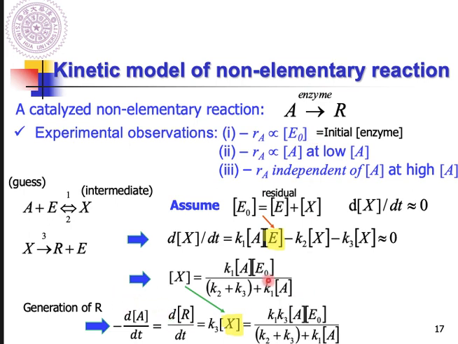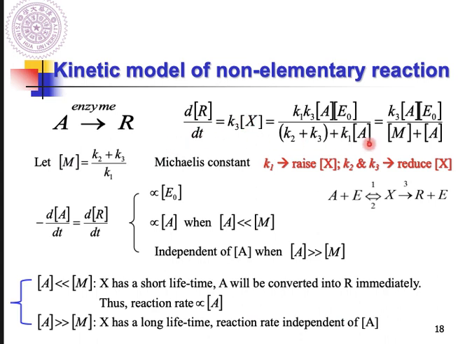So next, I directly copy the results derived from the previous slide. Then I divide the top portion by k1.